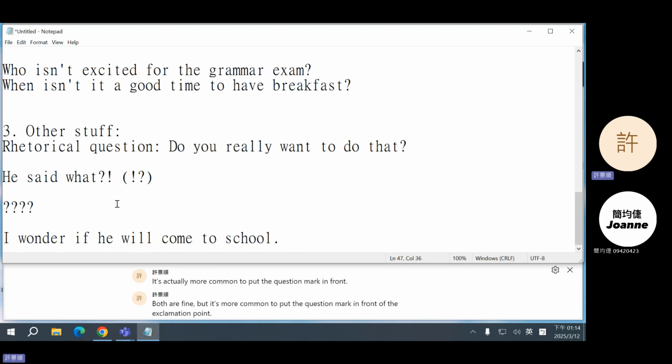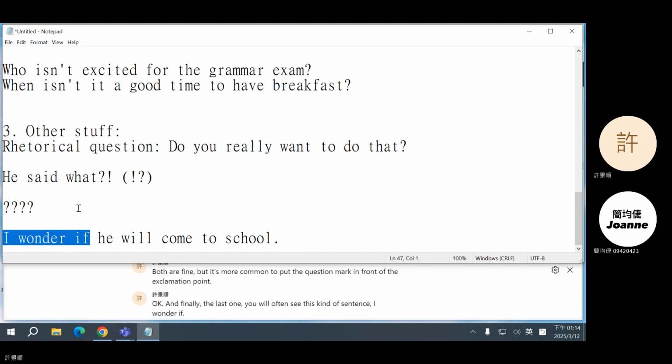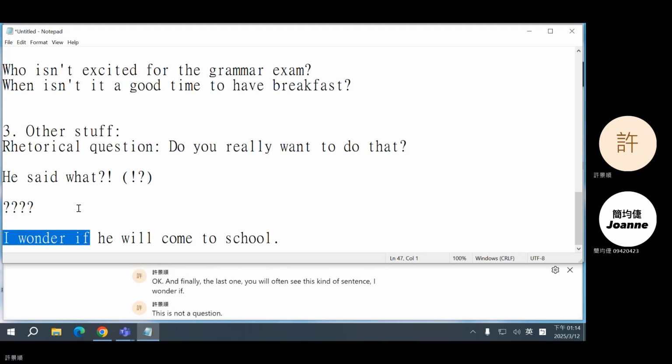Okay, and finally, the last one. You will often see this kind of sentence. "I wonder if." This is not a question. And this is different from Chinese.